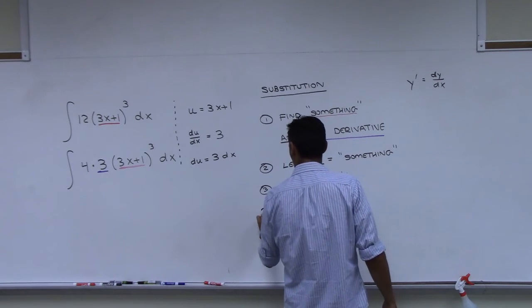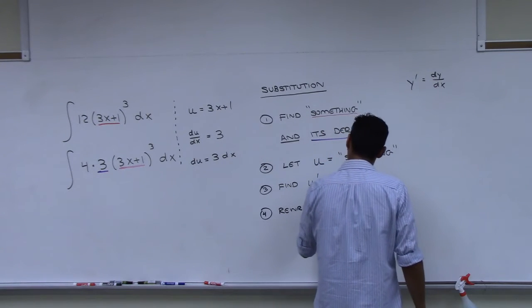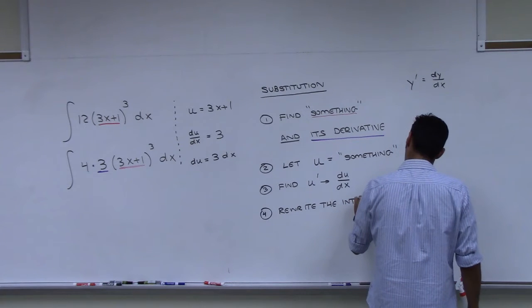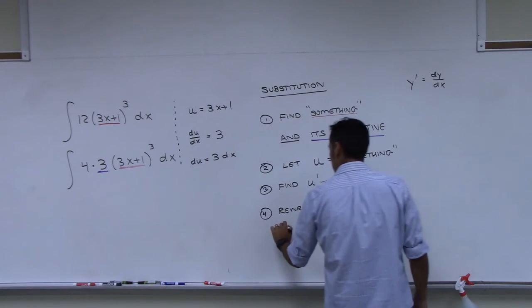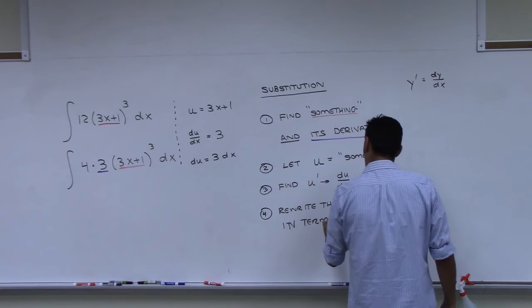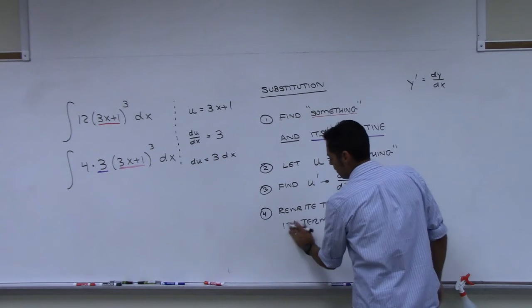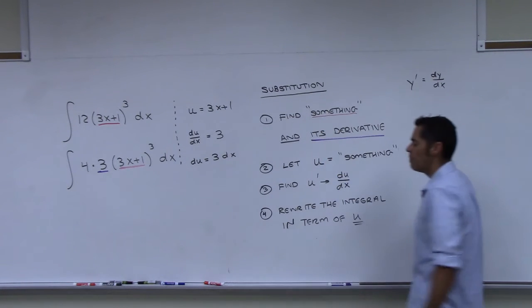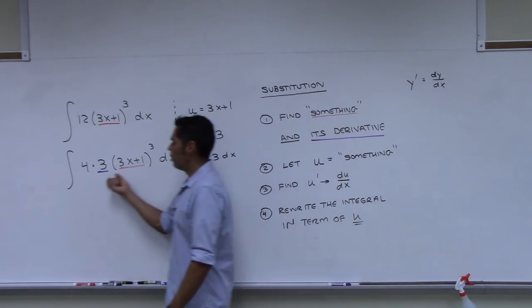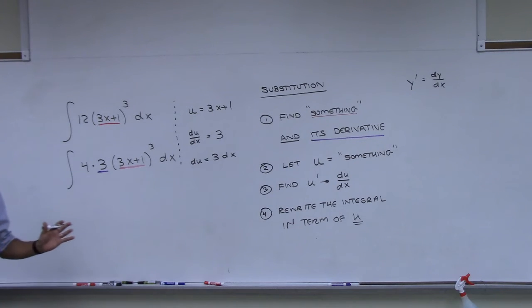Fourth step: rewrite the integral in terms of u. What I mean by this is we're going to come back to the original problem and rewrite it where we don't have x's anymore.